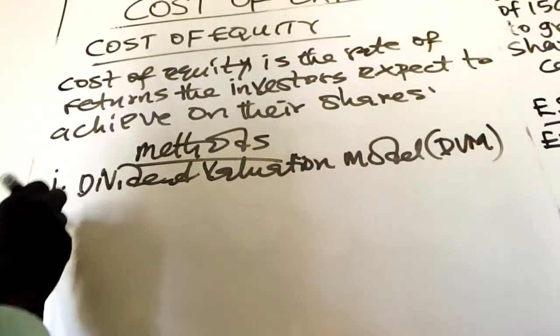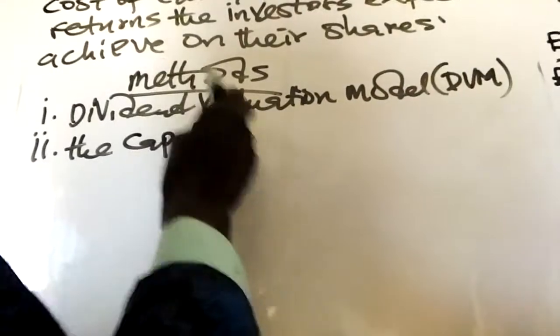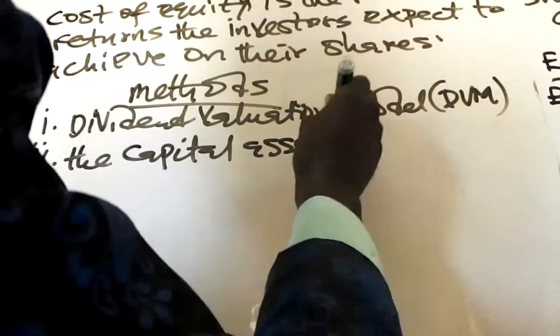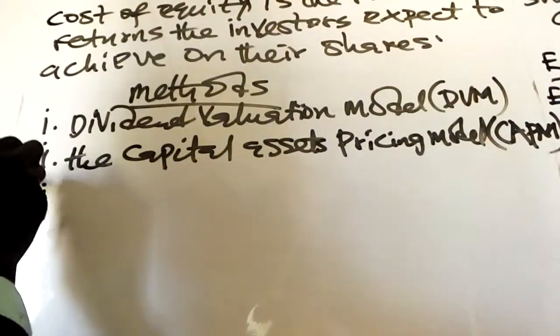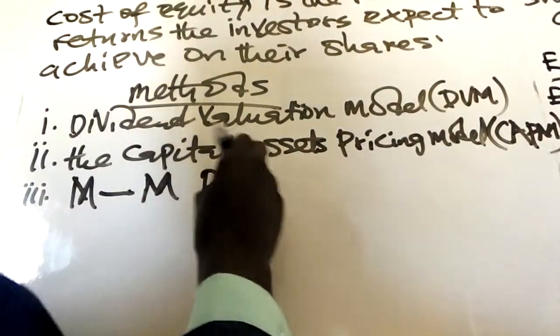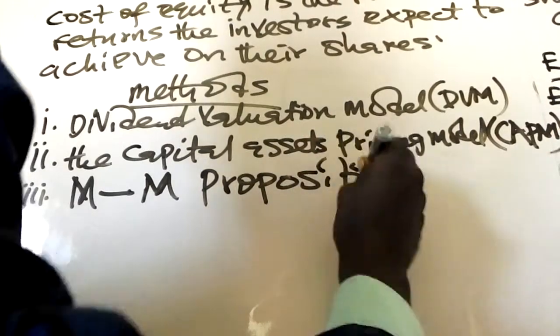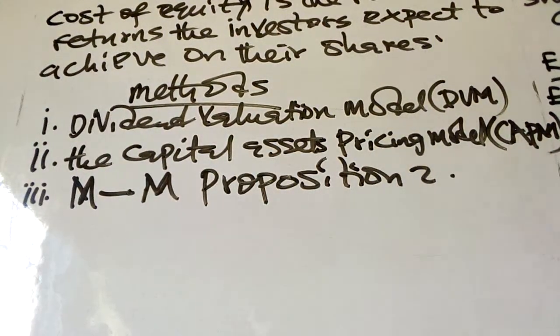The second method is the capital asset pricing model. And the third one is Modigliani and Miller proposition 2. These are the three methods of calculating the cost of equity.